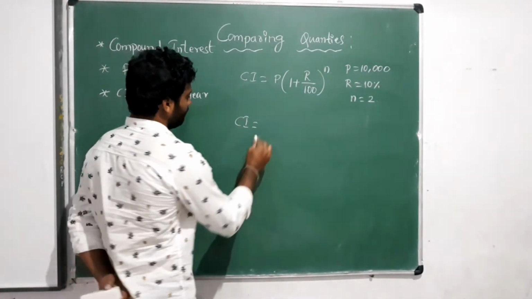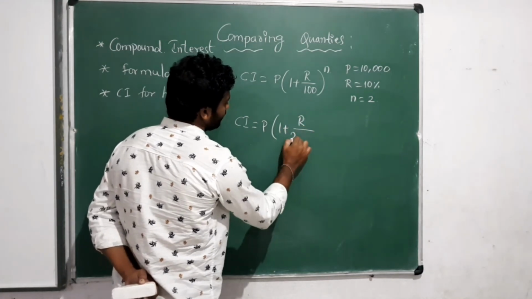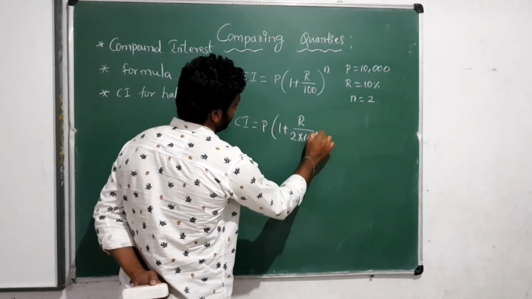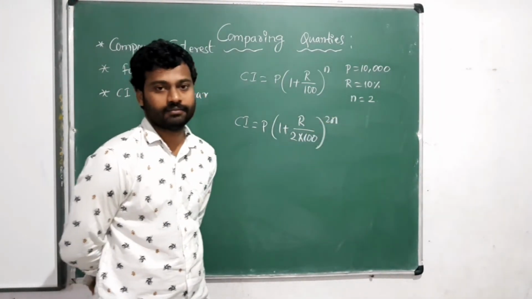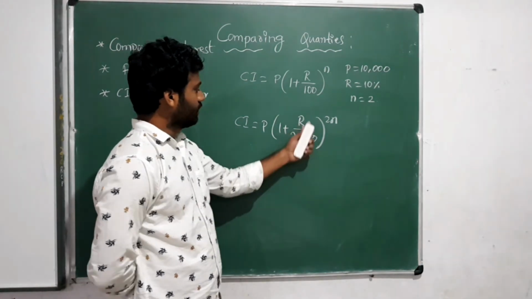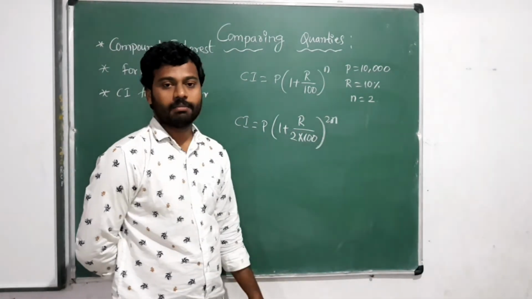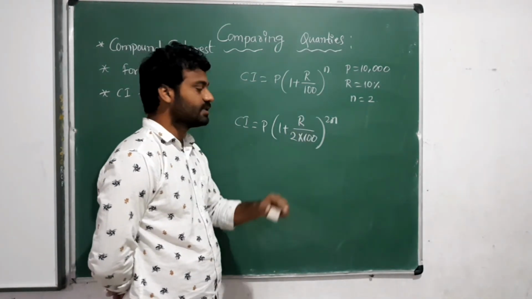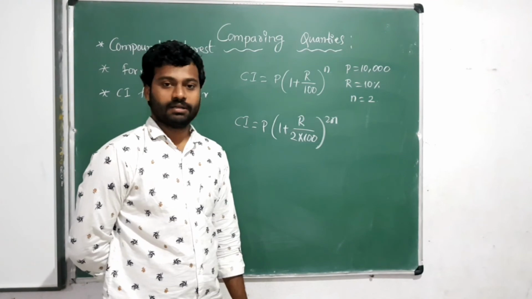Principal into 1 plus r by 2 into 100, whole to the power 2n. Power of 2n. Here n is the number of years. Here r by 2 is the rate. Correct or not?